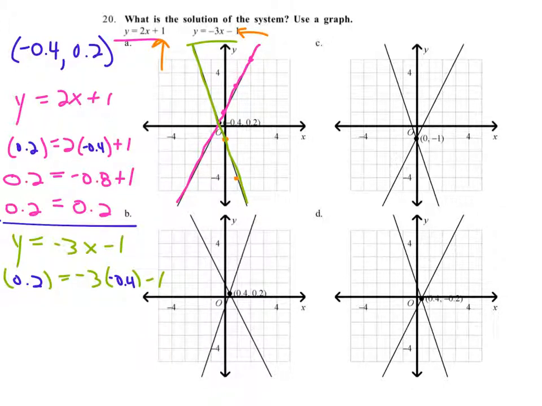Now, this is just 0.2 on the left. There's nothing happening to it. Negative times negative is positive. So I have positive 3 times 0.4. It's just like 3 times 4, which is 12. But then there's one decimal place, so 1.2. And when I take away 1 from that, I get 0.2. And it checks out for both of them. So that is the solution.